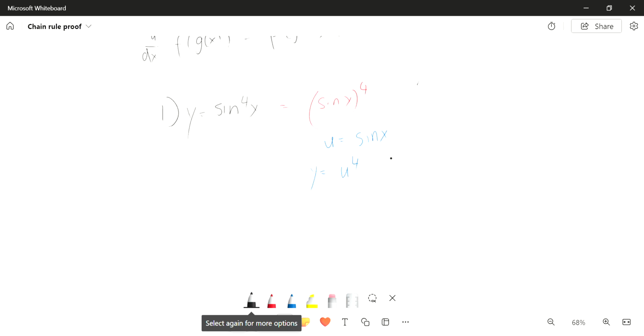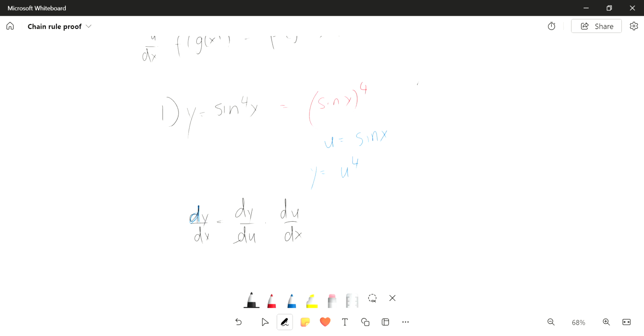So if we want to find the derivative of y with respect to x, that means we need to find the derivative of y with respect to u and then multiply it by the derivative of u with respect to x.